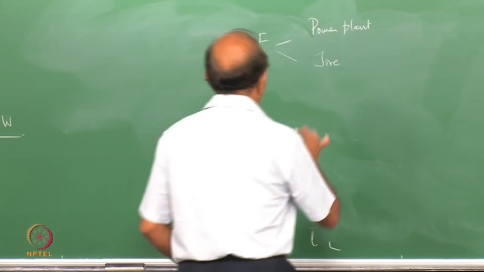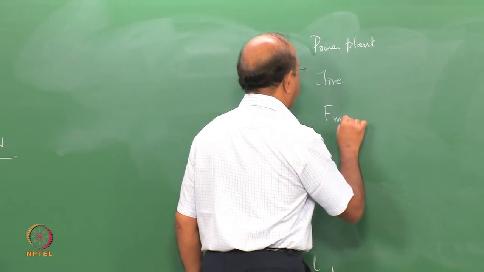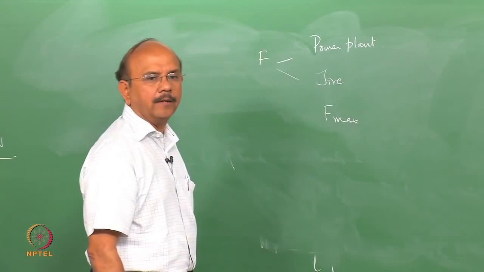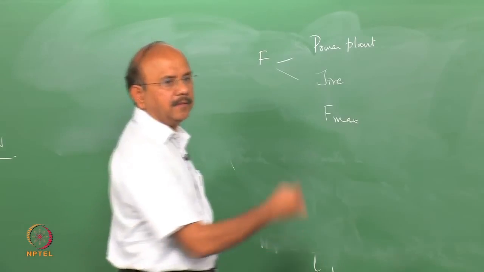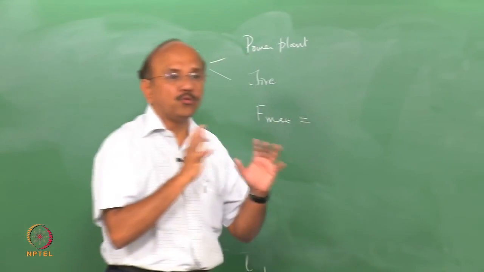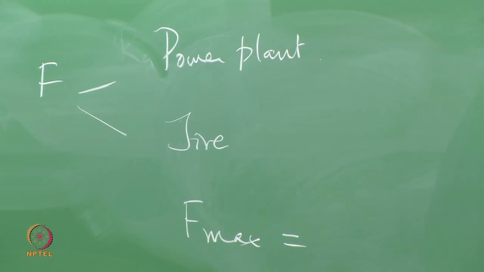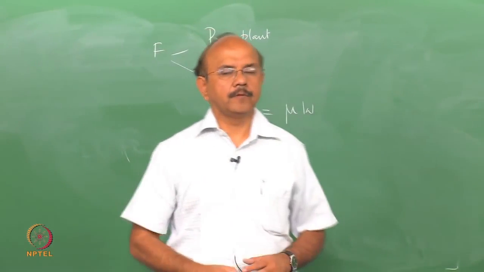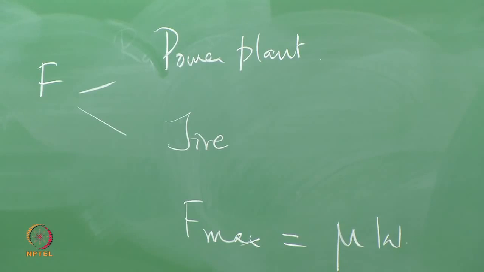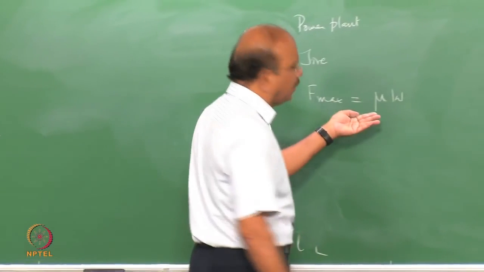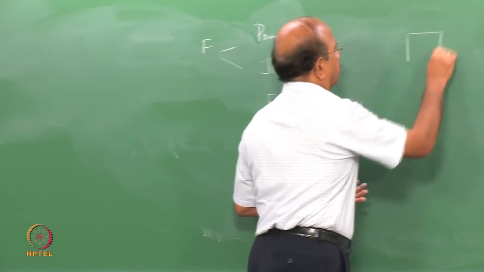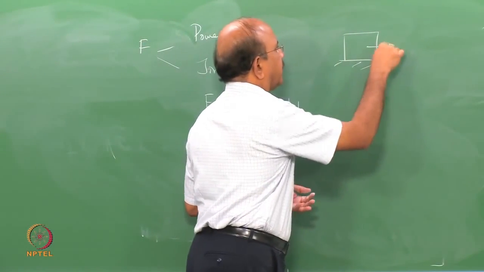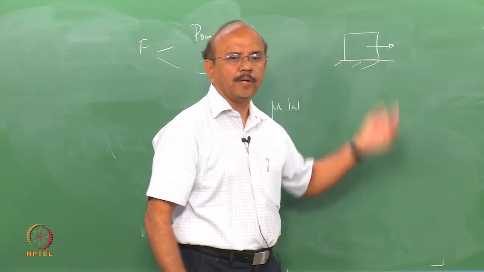So, we can write that F max, in analogy to Coulomb's friction, is mu into W. Is it Coulomb friction that acts? Is this mu very similar to what I know, a box sliding and a friction coefficient mu acting?